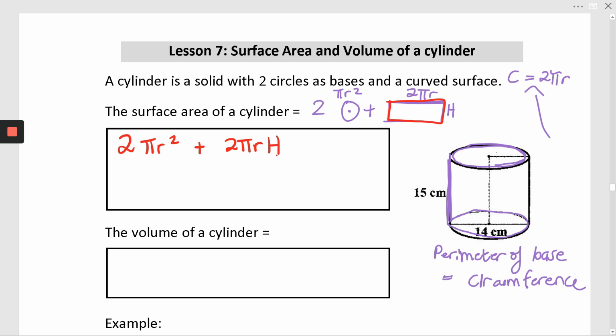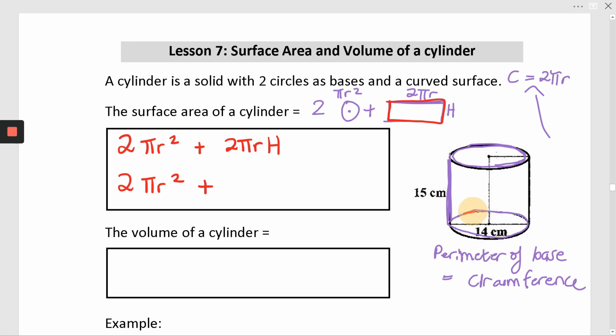What if I used the formula that we were using for rectangular prism and also for triangular prism? That one was 2 times area of the base. So it was 2 times area of the base, but area of the base was pi r squared. So you can see it's going to be exactly like the one I've got on top, plus perimeter of the base.